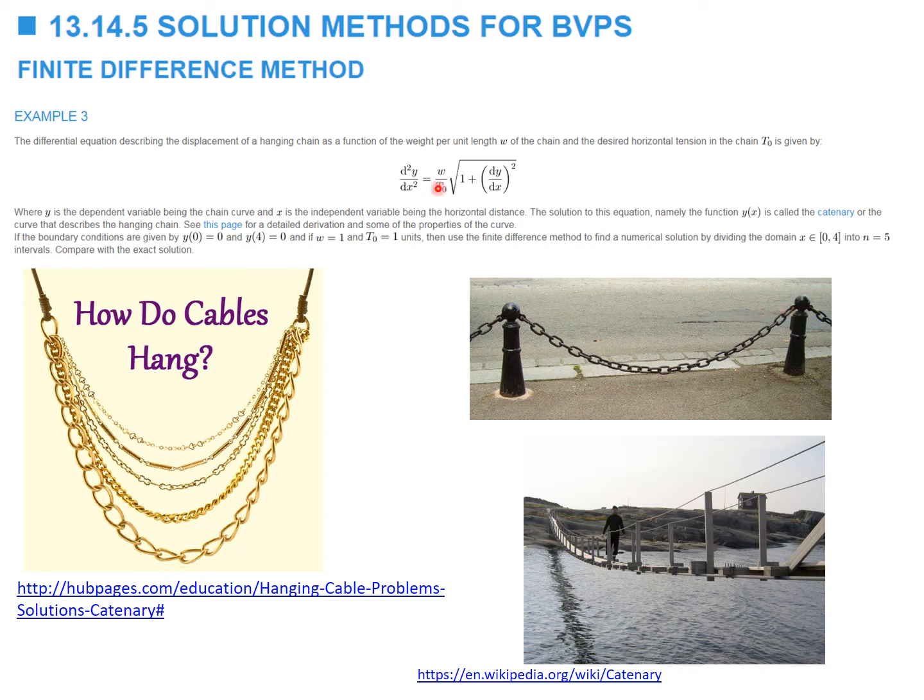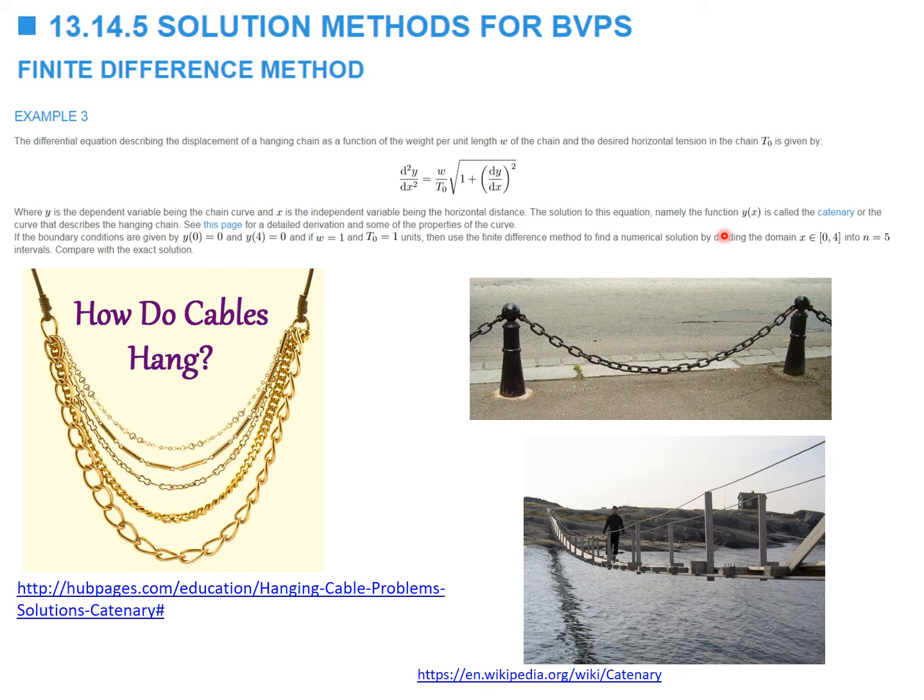This differential equation is given as a function of two constants, usually w, the weight of the cable per unit length, and T naught, which is the tension that we desire within the cable. Given those values, we can find a differential equation for y with respect to x. And we solve this differential equation to find the location of the cable.